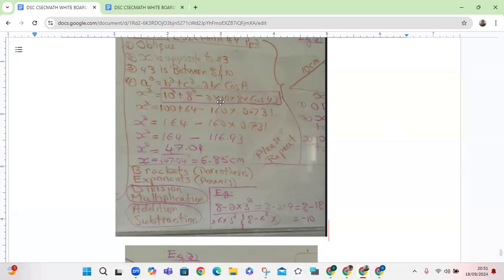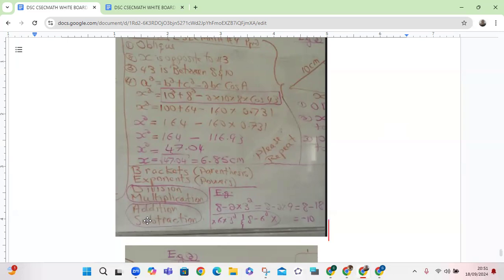Now this expression, you can practice putting it straight into your calculator, but if you want to go step by step, 10 squared is 100, 8 squared is 64, 2 times 10 times 8 is 160, cosine of 43 is 0.73. Now you apply BEDMAS: brackets first or parentheses, then exponents, division or multiplication come after, and last addition or subtraction.